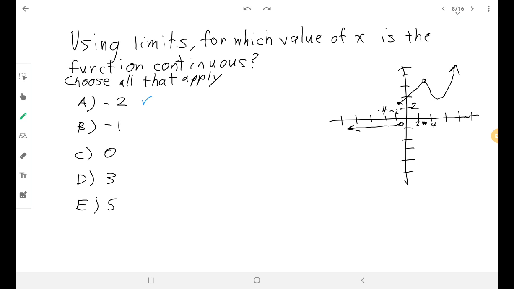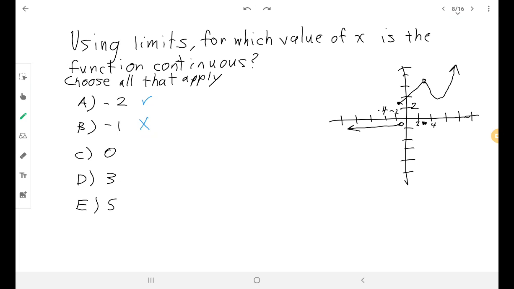And so that's how I know that -1 is not continuous. Because at -1, not only do we have a jump discontinuity, but as I approach from the left and from the right, those one-sided limits are different. And that is how I know that it is not continuous at that point.